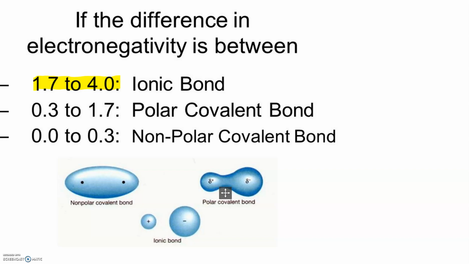And in a bond like that, the electrons are stolen. Anything that's less than 1.7 and the bond will be covalent. And there can be some differences in the types of covalent bonds, but we'll get to that in a little bit. So let's try a couple of examples and I'll show you how we do this.